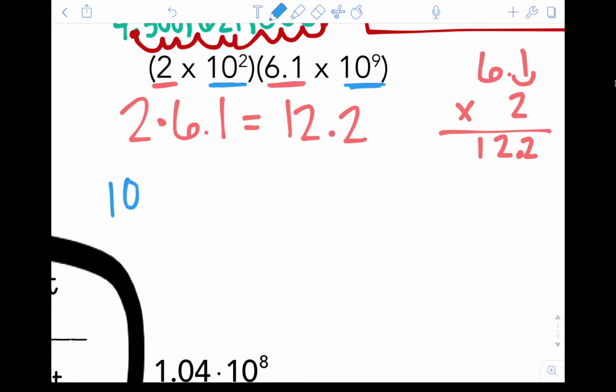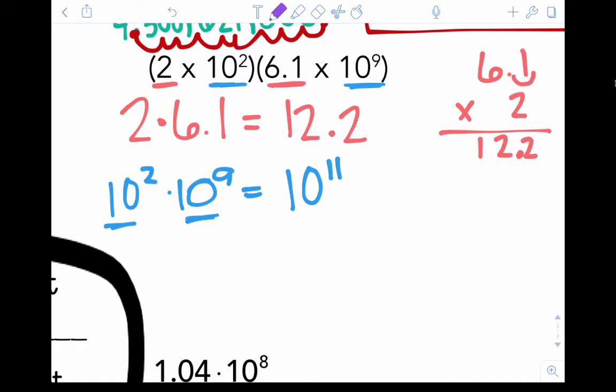So I have 10 squared times 10 to the 9th. I notice that I'm multiplying numbers with the same base. And so if I think back to section 3.1, I remember that when I multiply numbers with the same base, I add the exponents. So I'm going to do 2 plus 9, which is 11. So this is 10 to the 11th.